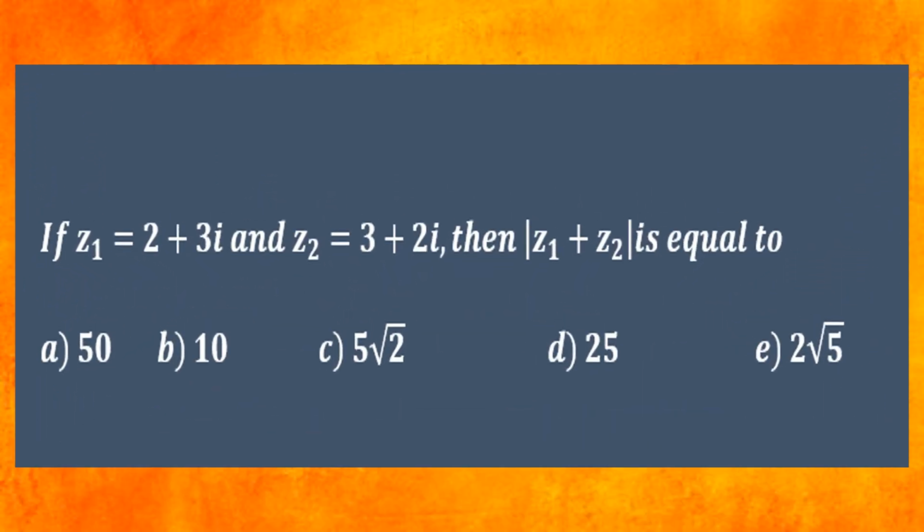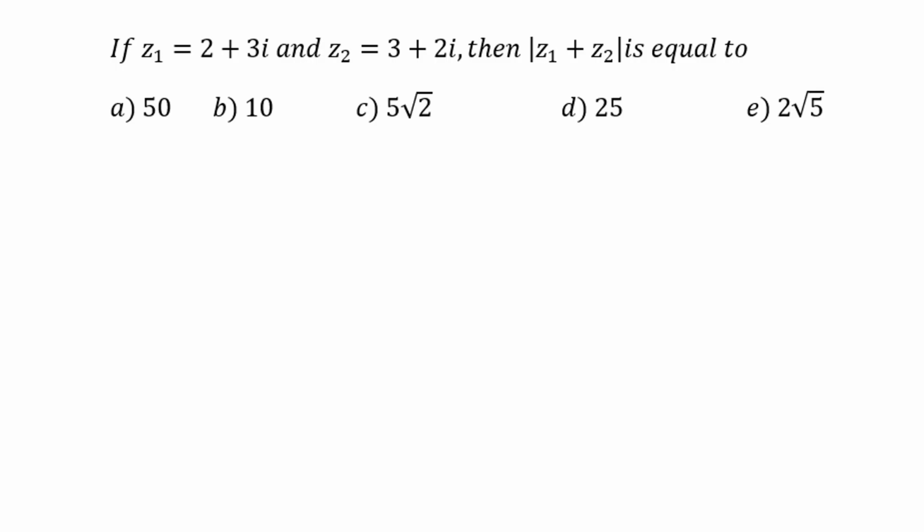The next question. If Z1 equal to 2 plus 3i and Z2 equal to 3 plus 2i, then modulus of Z1 plus Z2 is equal to: choices 50, 10, 5 root 2, 25 and 2 root 5. Here given Z1 equal to 2 plus 3i and Z2 equal to 3 plus 2i.